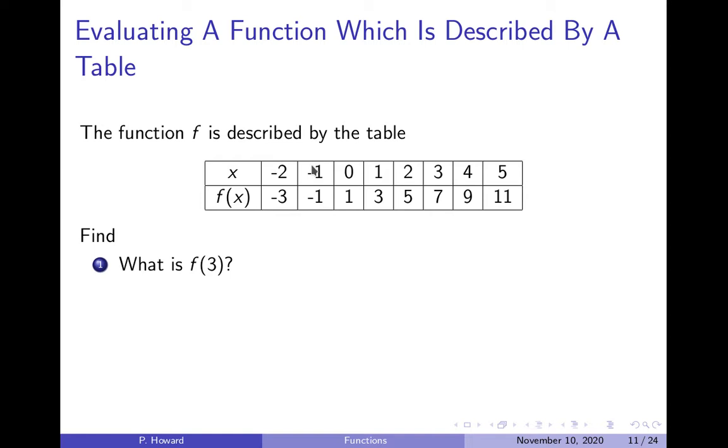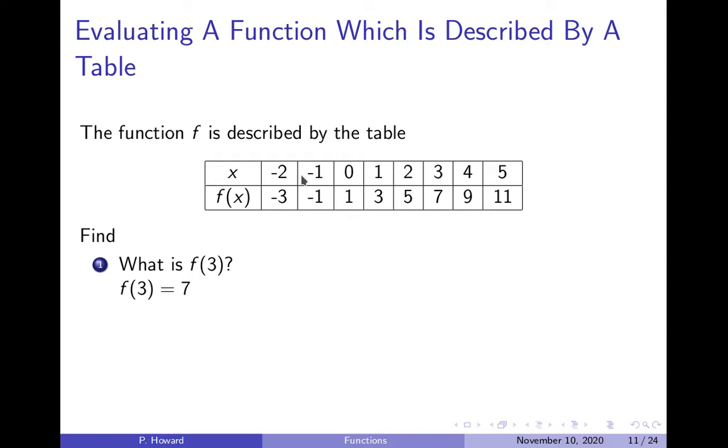Well, the inputs are located in the top row of the table. So we find 3 in the top row of the table, and the number below 3 is f of 3. 7 is f of 3, or the output when the input is 3. f of 3 is 7.